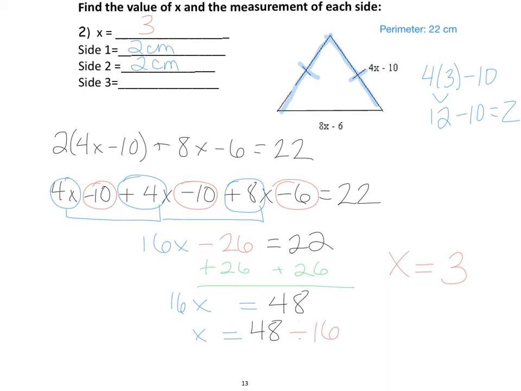For the third side, this side, we have 8 times 3 minus 6. 8 times 3 is 24, minus 6 equals 18. So the third side is 18. A way to check ourselves is to say, is 2 plus 2 plus 18 equal to 22?